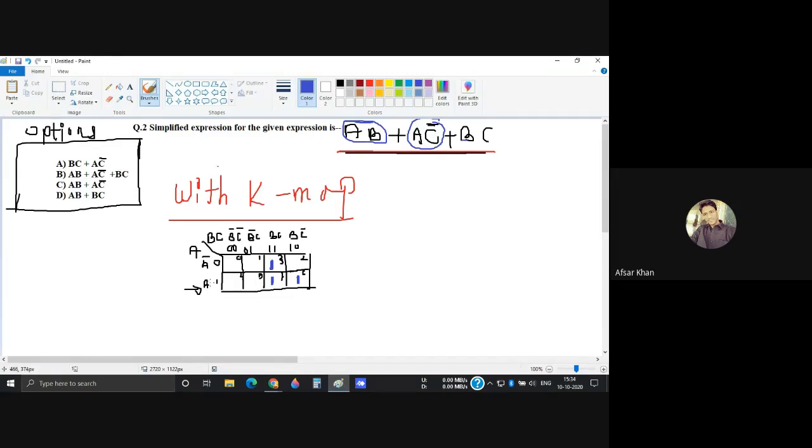And A will be 1 here because it is A, not A bar. So A bar A will be 1 here. So what is formed here? We can form this pair and this pair. Tell me the expression for this.